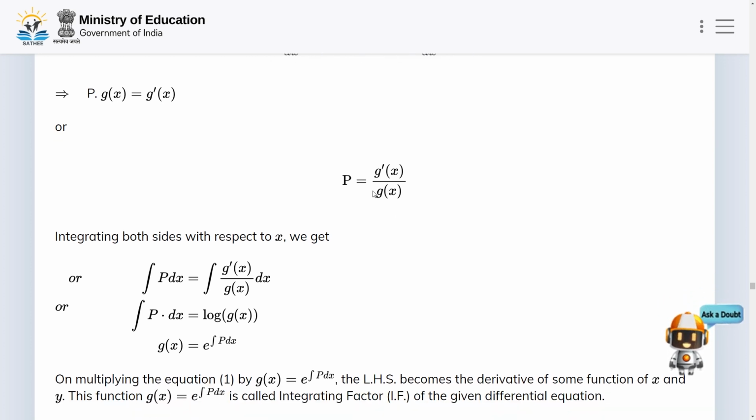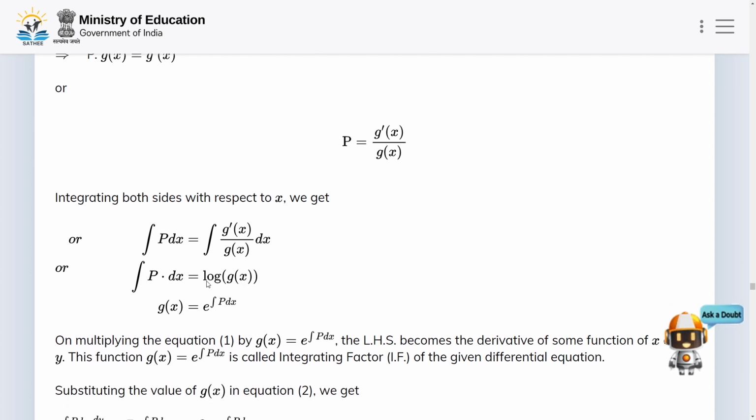This means integrate both sides, you will have the integral of p dx is equal to the integral of g prime divided by g(x) dx. Now take g(x) as t, substitute, you will get log of g(x), and this will be the integration of p dx.